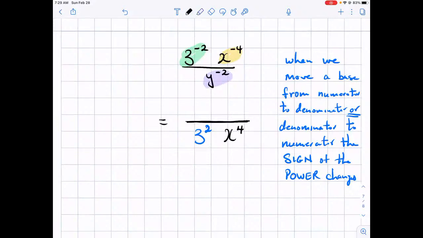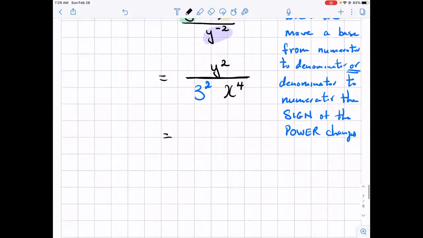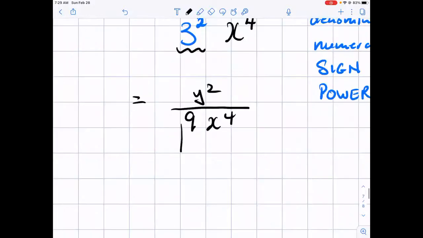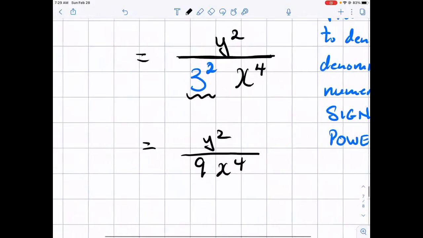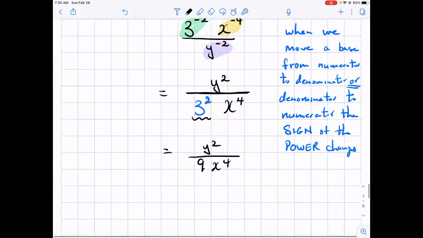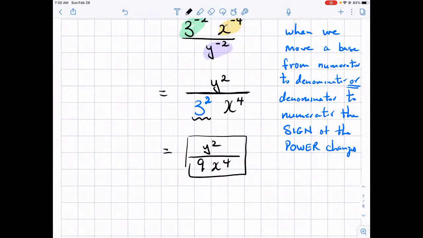So that goes to the top and it becomes positive. So finally, we have y squared over 3 squared is 9, x to the fourth. And notice now I have no negative power, right? So this is my final result.